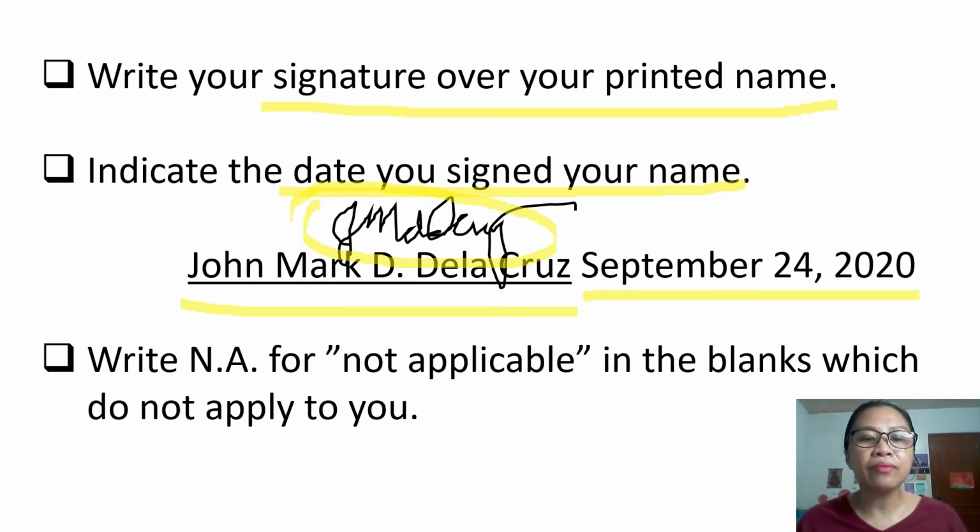And if there is information that you think is not applicable, meaning you think it is not important for you, you just have to write N/A so that you won't leave any blank in the personal information sheet.